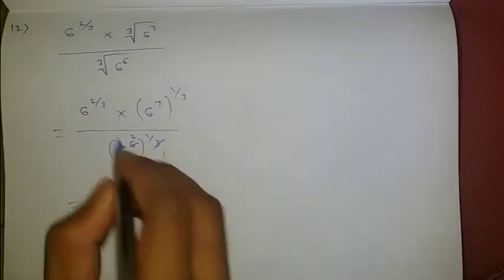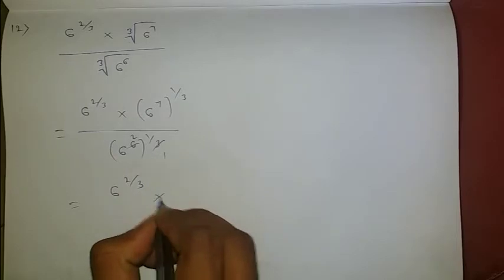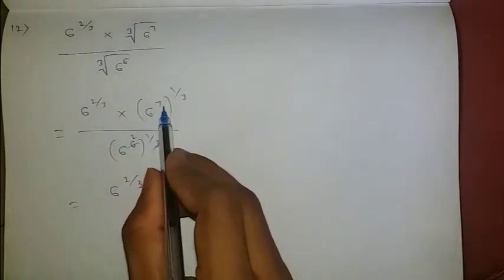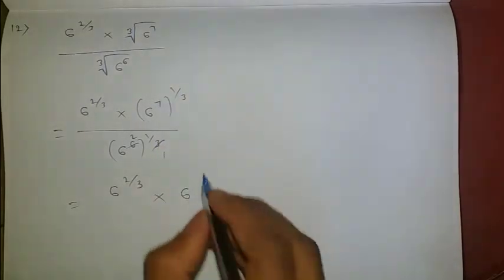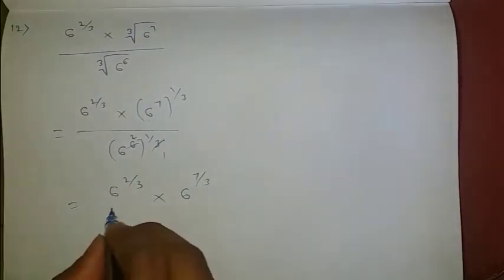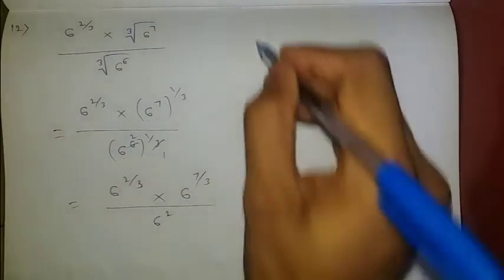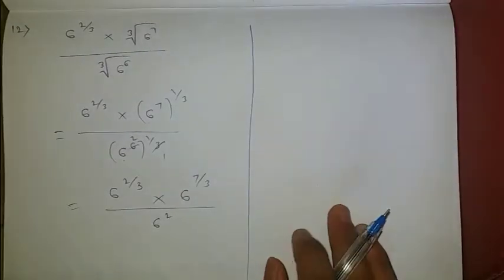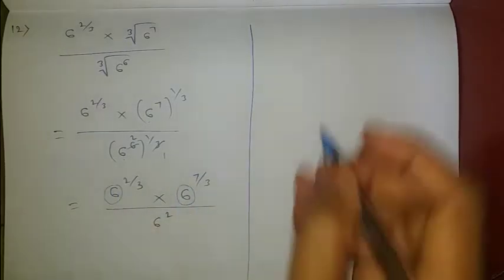So next, the numerator I am writing as it is, that is 6 power 2 by 3 into 6 power 7 whole power 1 by 3, which is 6 power 7 by 3, whole divided by 6 square. Next, here both the bases are same, so powers should be added.